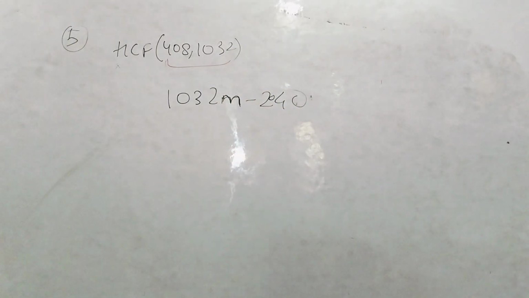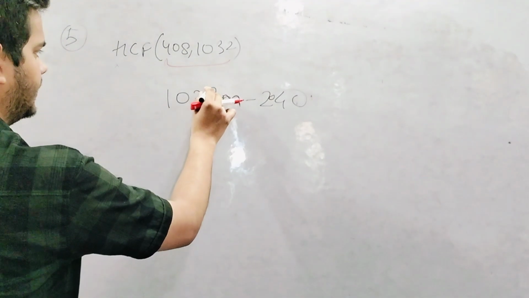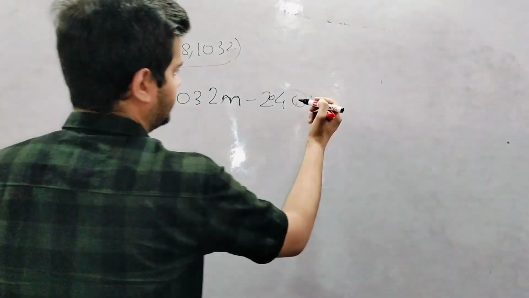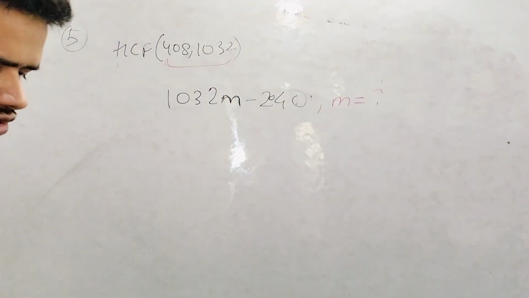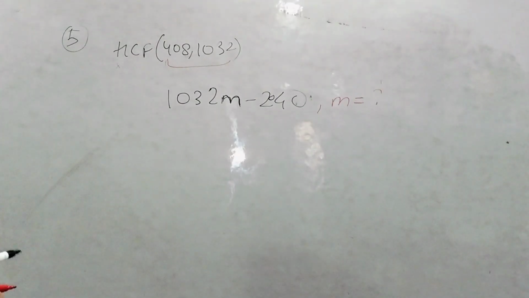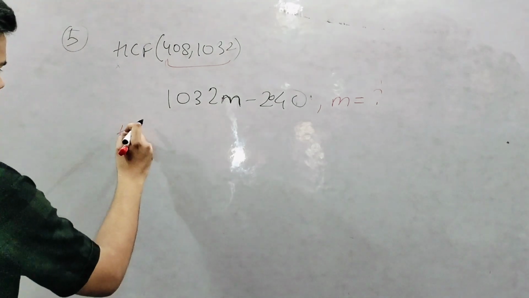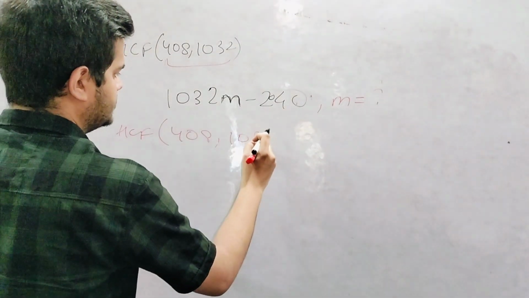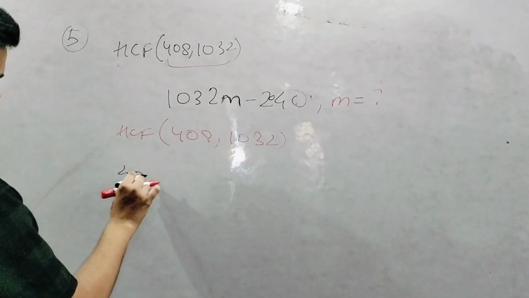If the HCF of 408 and 1032 can be expressed in the form of 1032m minus 2040, then the question is to find the value of m. So what should m be? For that, first we have to find the HCF of 408 and 1032.